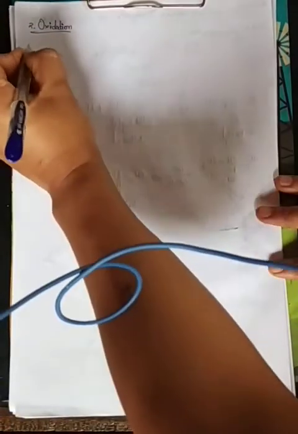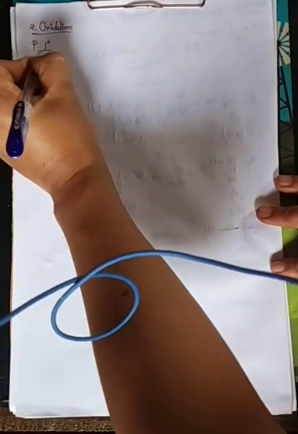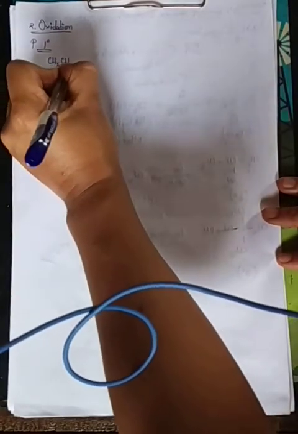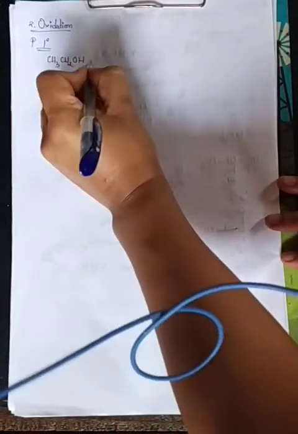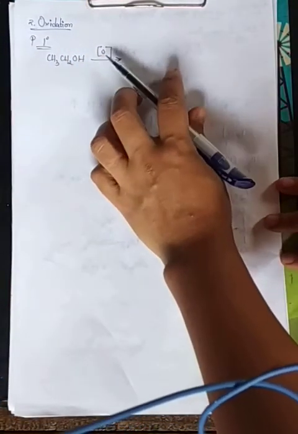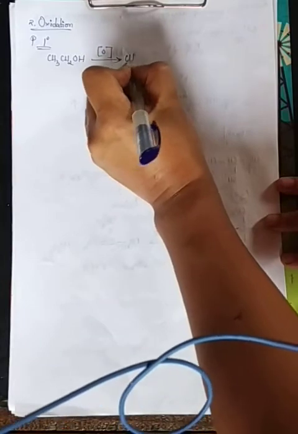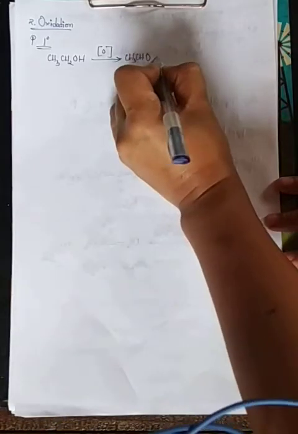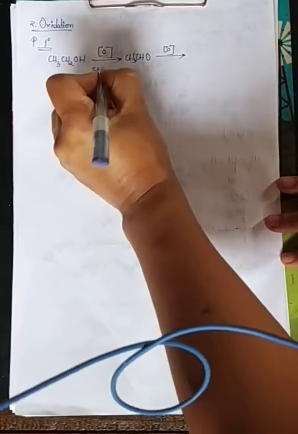Now, primary alcohols. Let's check primary alcohols. If we have CH3CH2OH, let's take ethanol, it undergoes oxidation easily to give us an aldehyde containing the same number of carbon atoms. Then again it will undergo a second oxidation reaction easily to give us an acid.